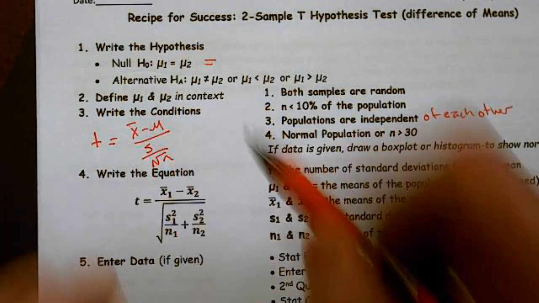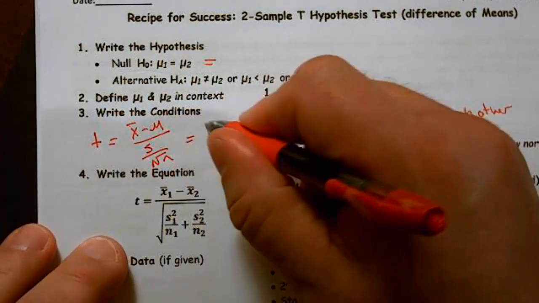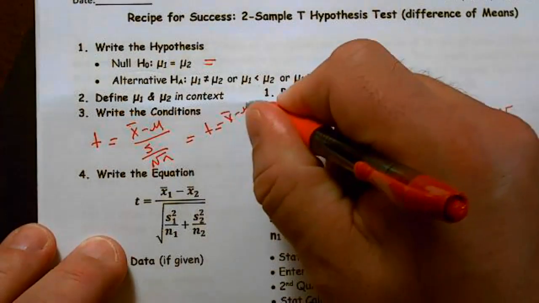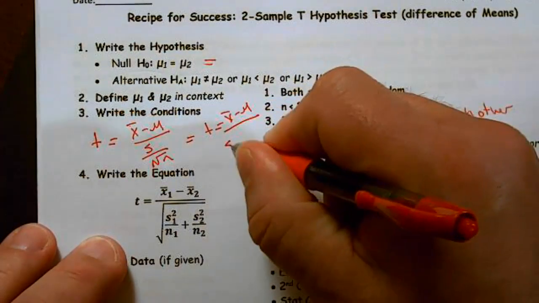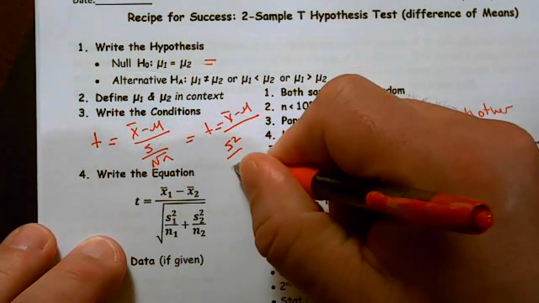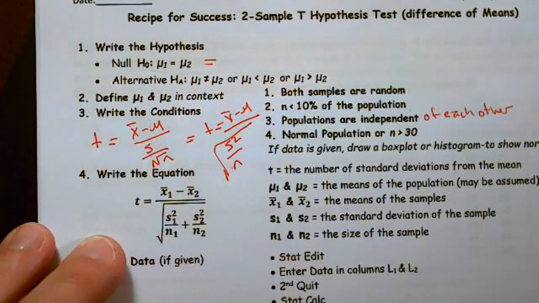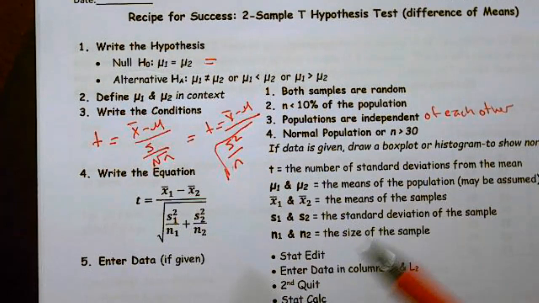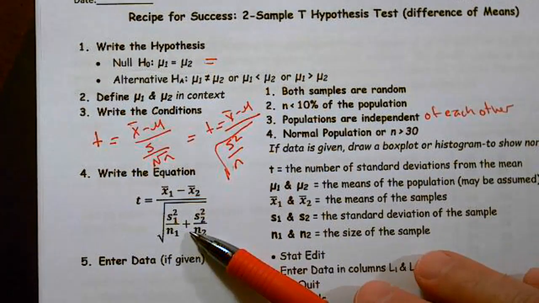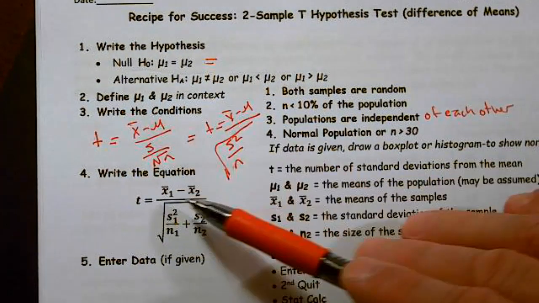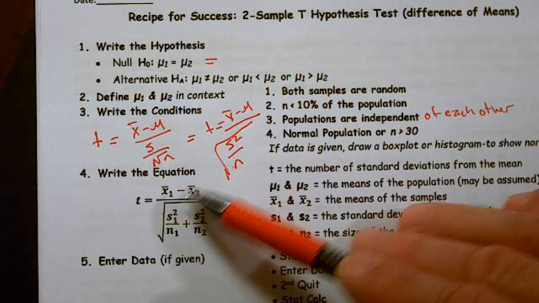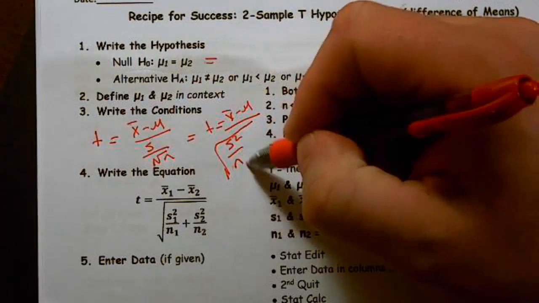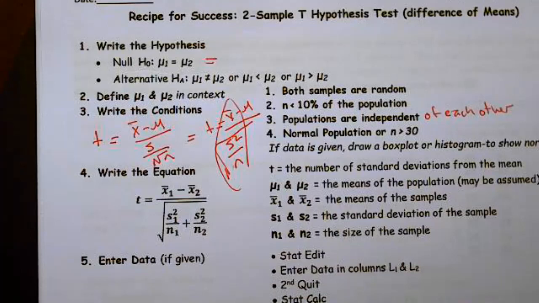Because I could have written this as t equals x bar minus mu, s squared divided by n, like that. But we have two sets of data. So basically I have x bar 1 and x bar 2. So this part's essentially the same. And that's where that comes from, okay?